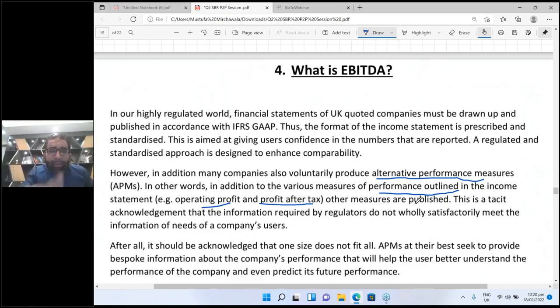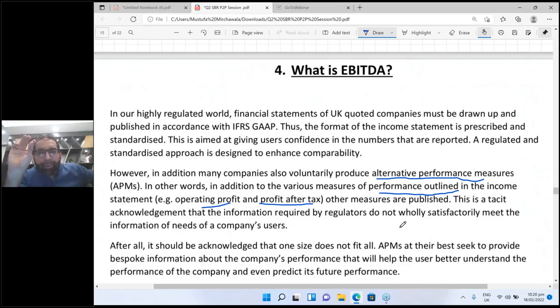So the standard names, the standard presentation, the standard ratios given by IFRS are not enough to satisfy the whole accounting world, the whole finance world. So what they do, they use their own performance indicators, extra performance indicators, right? EBITDA is one of them.